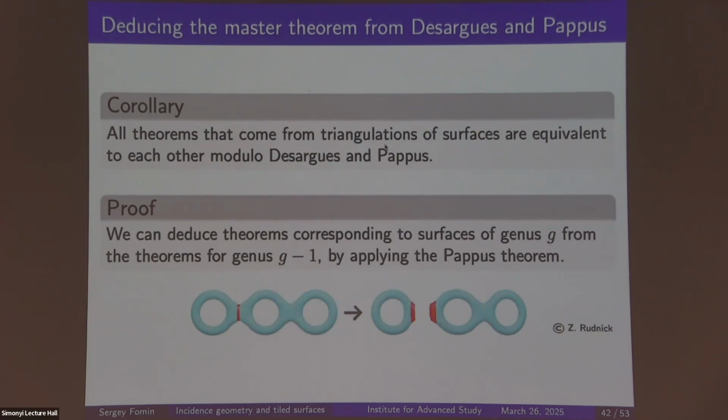And we know that Pappus corresponds to some triangulation of the torus. And then we can glue in as many tori as we want. And each time we glue in, it corresponds to an application of Pappus. This is, by the way, a well-known fact in the community of geometers. They know that, let's say over the complex numbers or reals, every theorem follows from Desargues and Pappus.